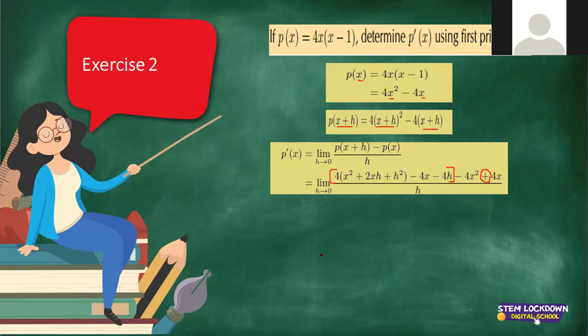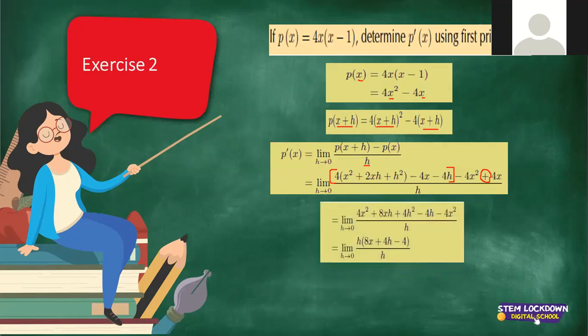And remember this whole process, while we're doing this, we have h in the denominator. And if you just substitute that value of 0 in the place of h, you'll have a function that's undefined. So we're trying to find a way to simplify this. Okay. And then you look at your like terms.